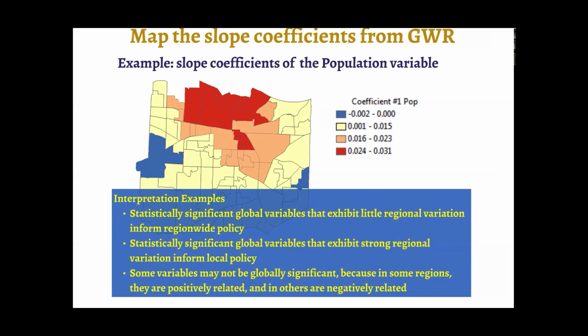However, if you keep trying and run a GWR, you may see the reason why the variable isn't significant globally is actually because the same variable has changing relationships with a dependent variable across your study area.